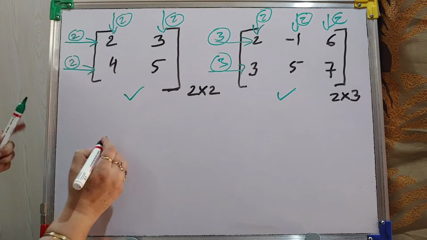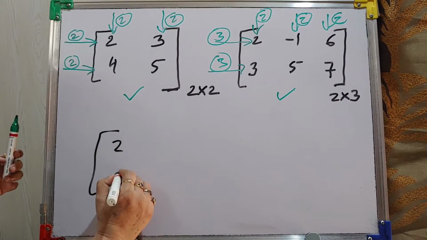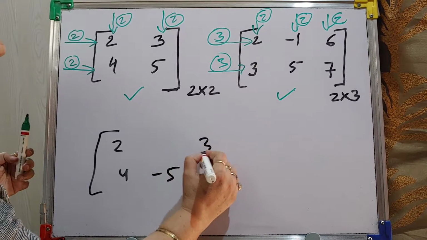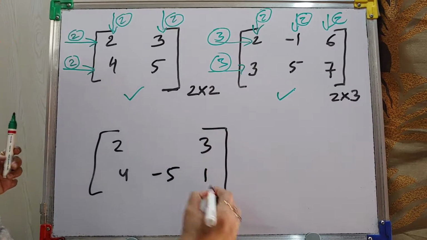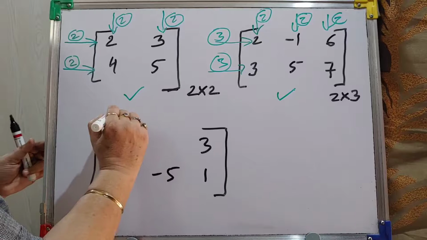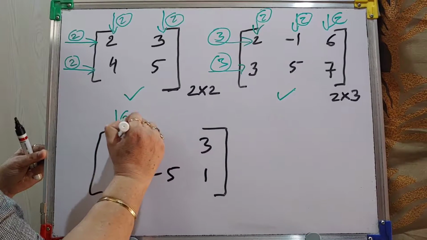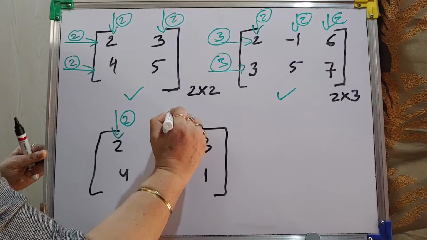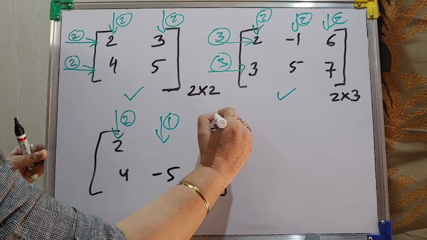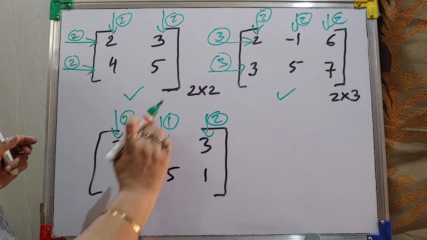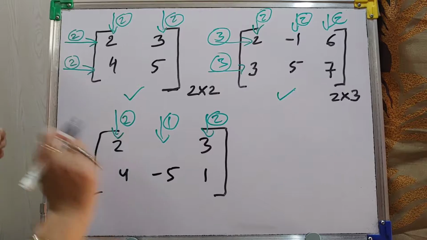If I write it in this way, the first column has 2 elements, the second column 1 element, the third column 2 elements. The number of elements in each column is not the same.